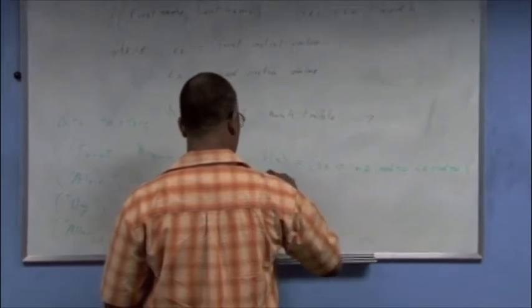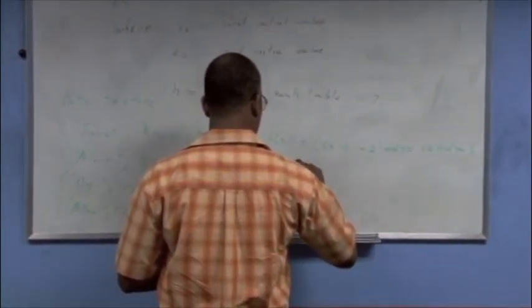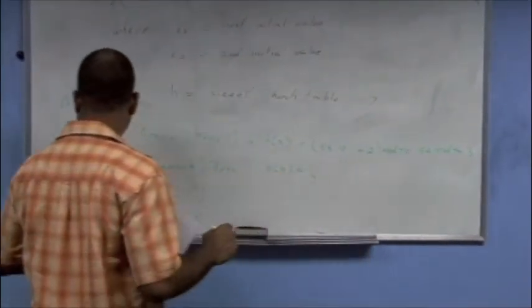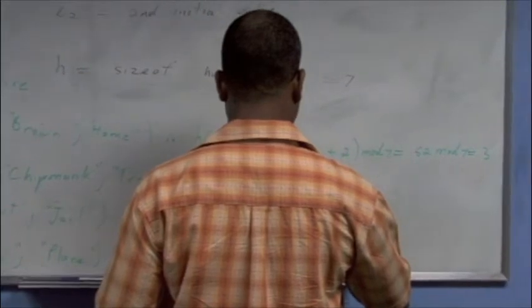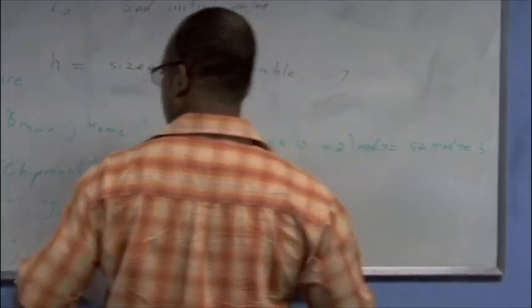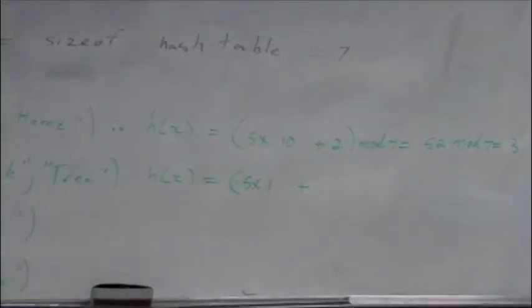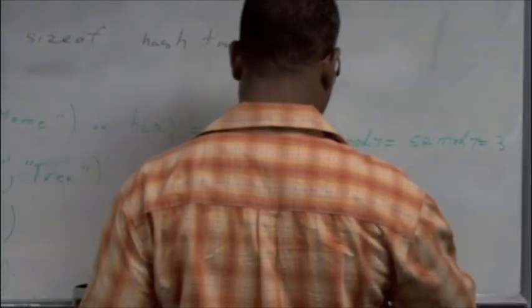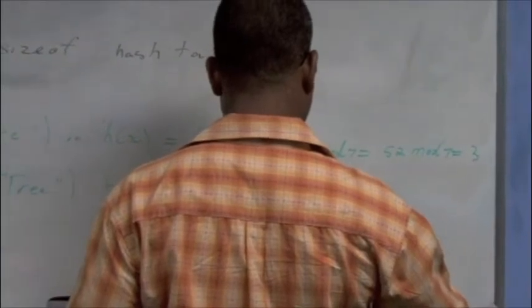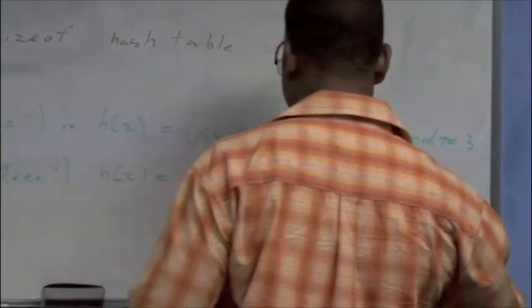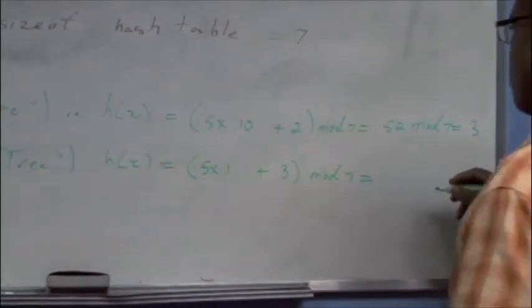For this one, it's 5 times 1 plus C, the third letter in the alphabet. That's equal to 8 mod 7.